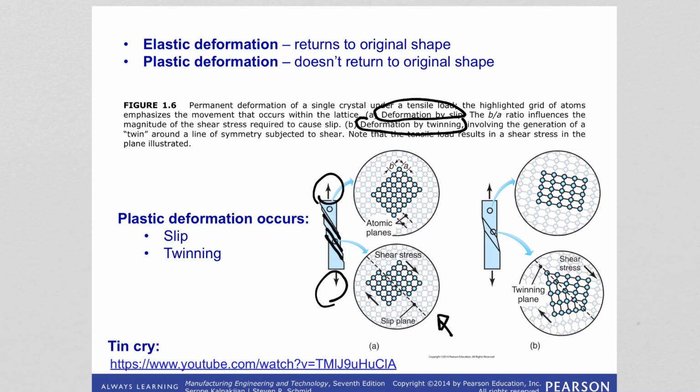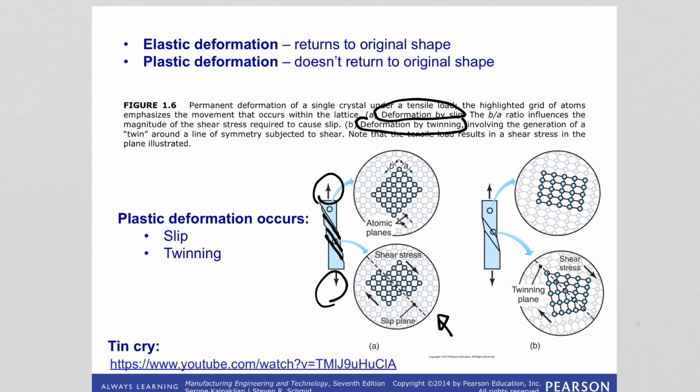Okay, and these slip planes, of course, are determined, we're gonna see, by the most densely packed plane inside the material, because those planes will require the least amount of stress to start the deformation.